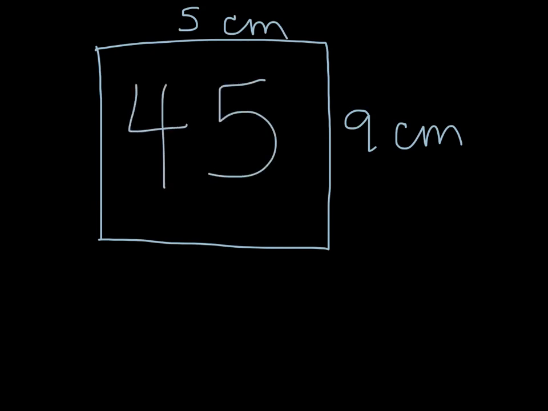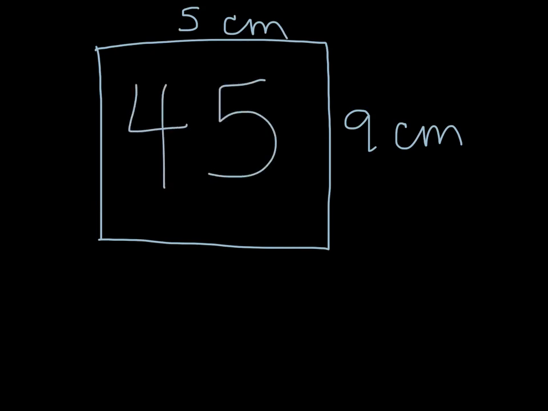For number 14, I'm going to do something really easy. It's asking me to find something that has the area of 47 square centimeters. So I'm going to do it the easy way. I'm going to draw something that is 45. And that would be that this side is 9 centimeters and this side is 5 centimeters. Which means the area of this square is 45 square centimeters.